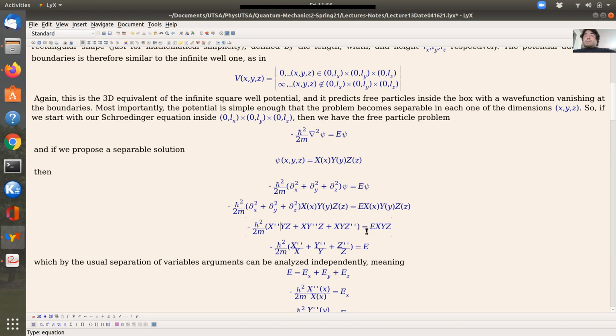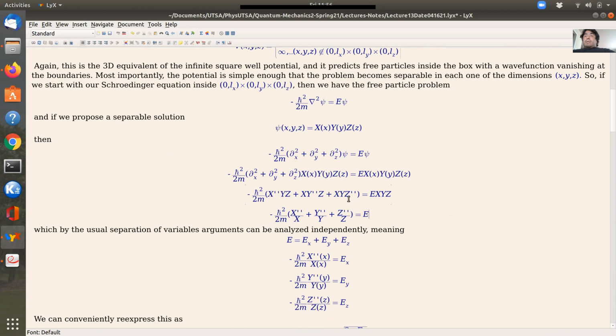And so the easiest way to show that this system is indeed separable is to divide by the product, because the terms that were not changed will disappear, and you'll only retain terms where you have a second derivative, of course, divided by the respective variable.